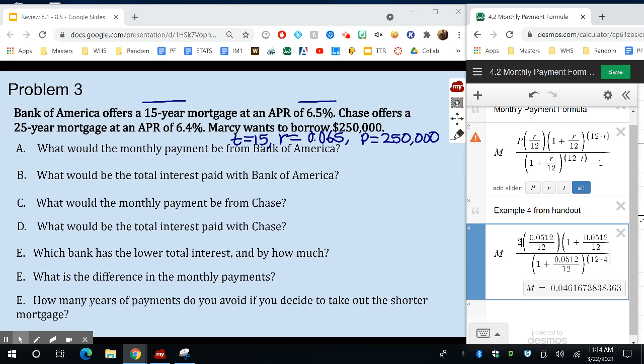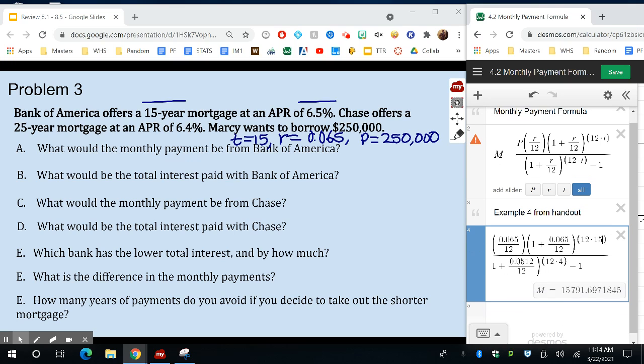Okay, so 250,000. My interest rate is 6.5, 12 stays the same, 1 plus the interest rate, 6.5, and it's for 15 years. Okay, so now let's go down here again. 15 years.